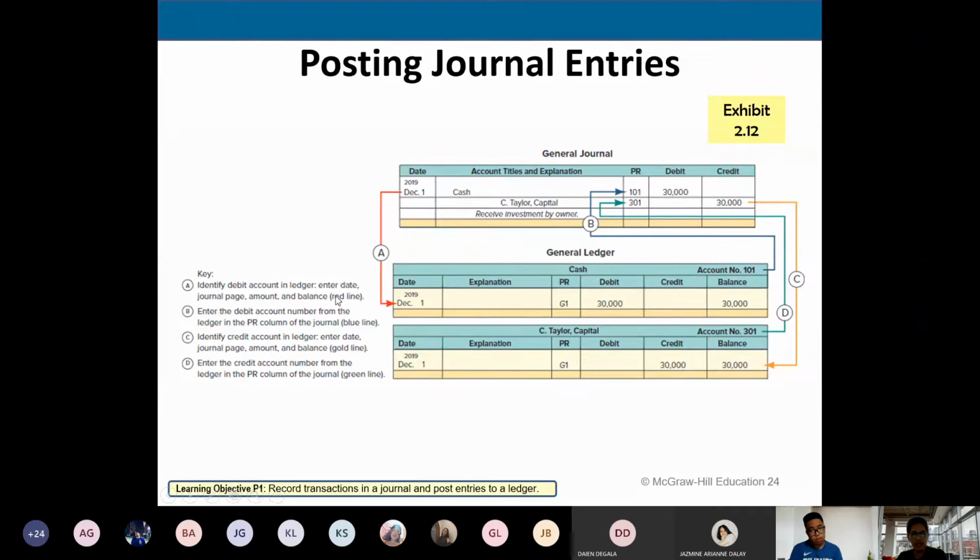So since dalawang accounts ang involved dito, and sabi natin for each account there must be a separate general ledger, gagawa tayo ng general ledger for cash and gagawa tayo ng general ledger for the capital account of C. Taylor, who is the owner of the business. Okay?